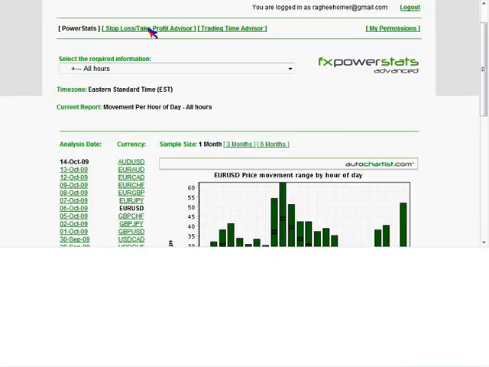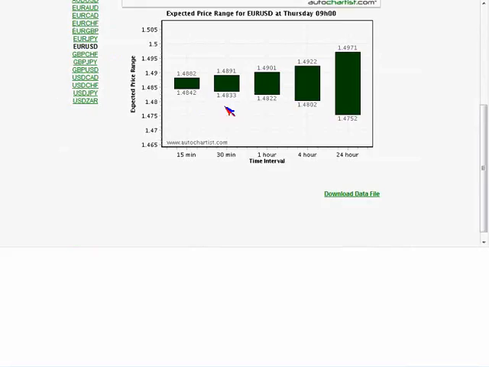So I'm going to go to the Stop Loss Take Profit Advisor. And again, I was looking at a 15-minute time frame, right? So between 9 and 9:15, the expected price range, based upon the volatility that I'm seeing and the price movement that we are seeing, I can see that the range expectation is a low of 48.42 up to a potential high of 48.82.